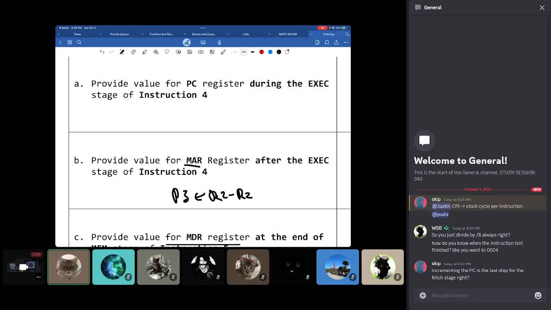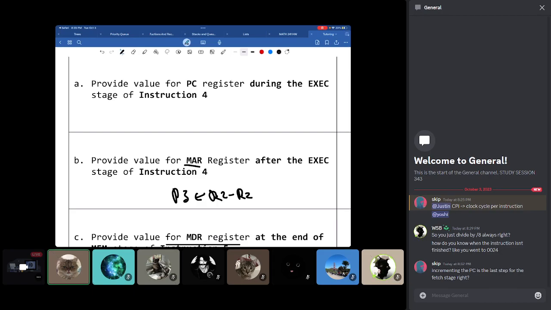And we know with R-type instructions, we're never dealing with memory. It's just fetch, decode, exec, write back, right? And the only time MAR is touched within those stages is in the fetch stage. During the fetch stage, the first thing we do is set the value of MAR to the value in PC, set the control to read, head over to main memory, grab the instruction at that memory address, put it into MDR, and then from there put it into IR, and then we increment PC.